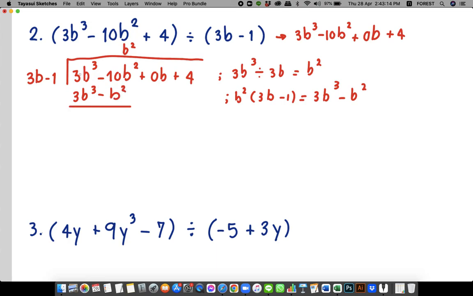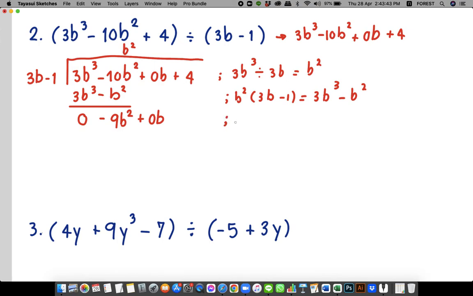And subtract. 3b to the power 3 minus 3b to the power 3 is 0. Negative 10b squared minus b squared. Minus and minus is plus. It's going to be negative 10 plus 1. It is minus 9b squared. After that, I will bring down the plus 0b here.